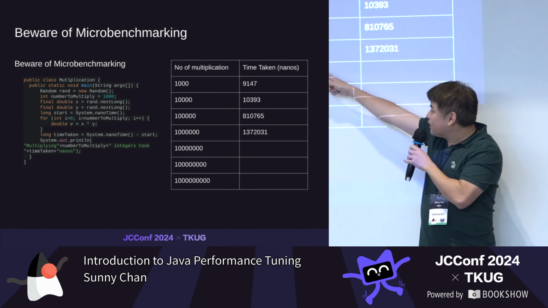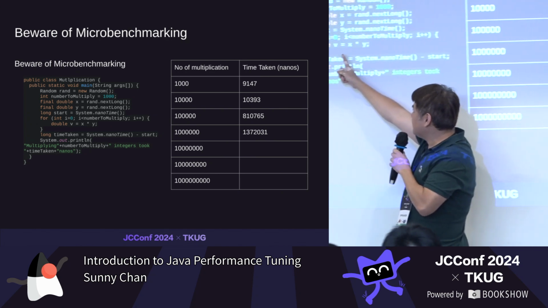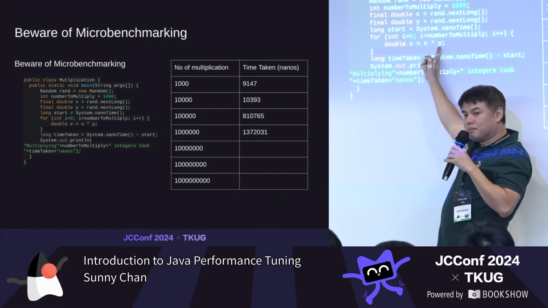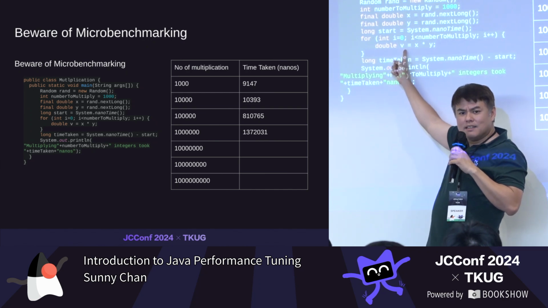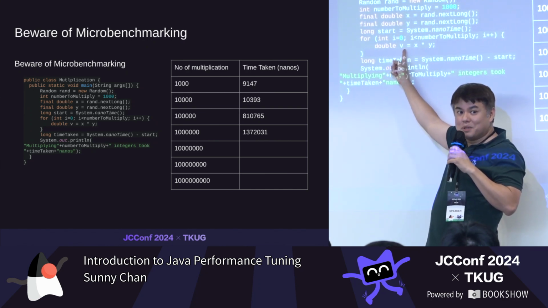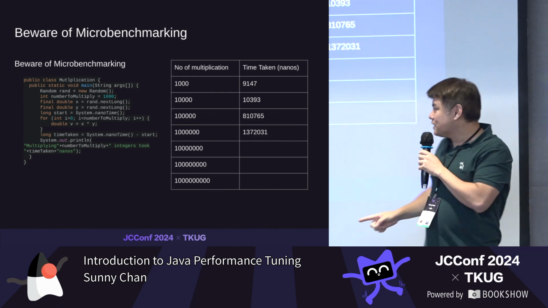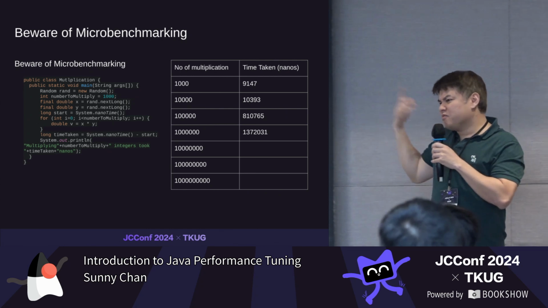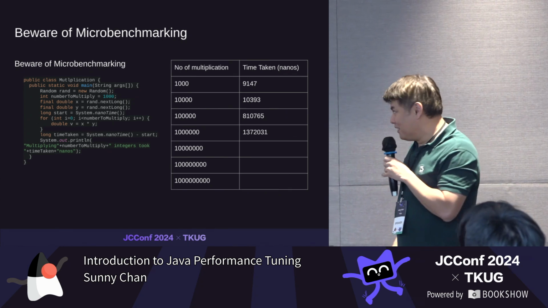And after you have 100,000, one trick is, did you notice we multiply two numbers together, so put into V. Do we ever use the V again? No, we don't. So the JIT compiler will do something very clever: oh, I never use V again, so I'm not bothered with calculating it at all.